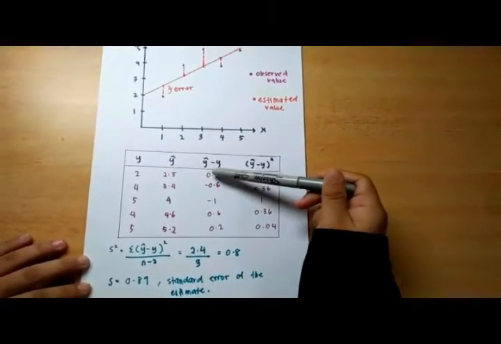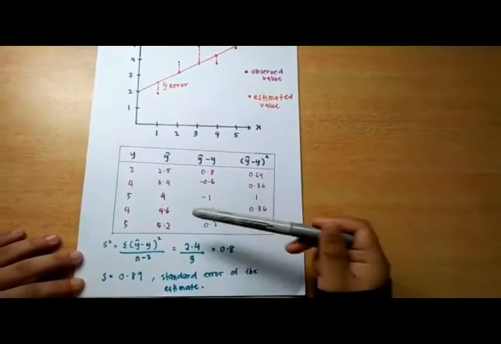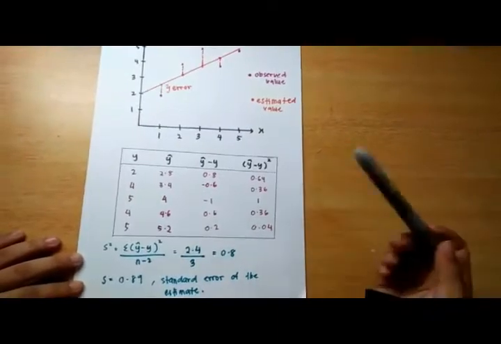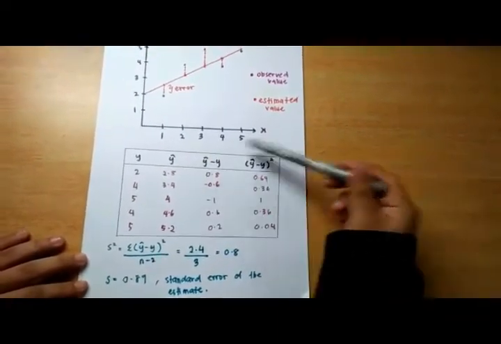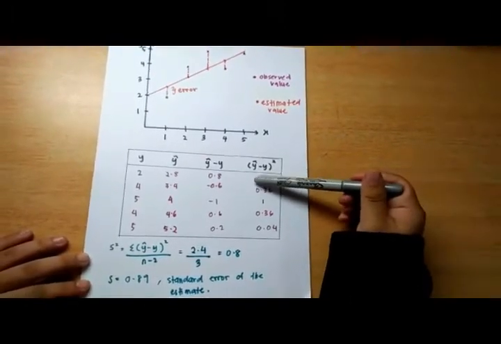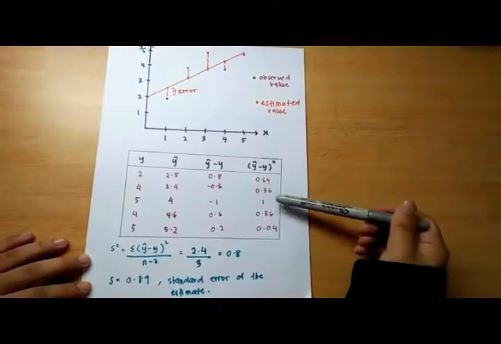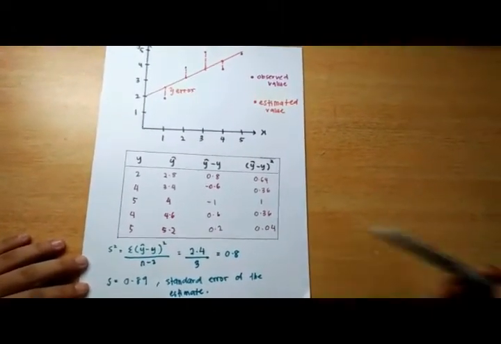We get negative 0.8, 0.6, 1, negative 0.6, and negative 0.2. In the formula, we need to square these values. So we square them and get 0.64, 0.36, 1, 0.36, and 0.04.